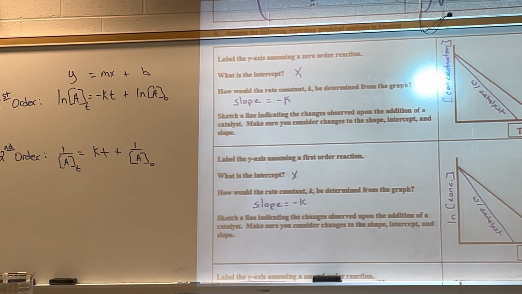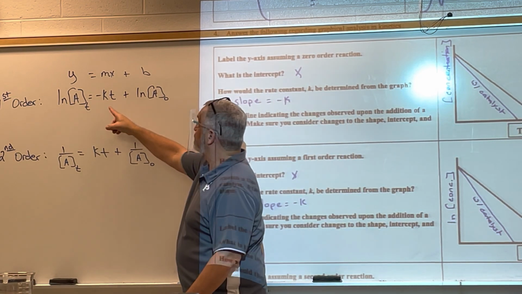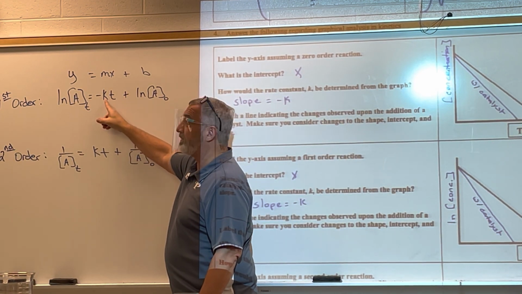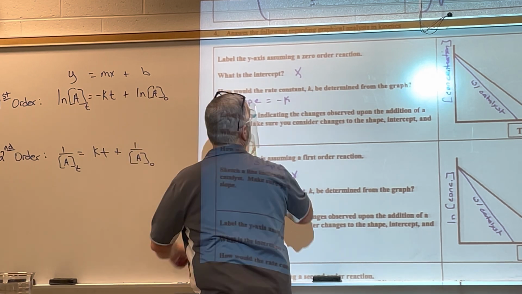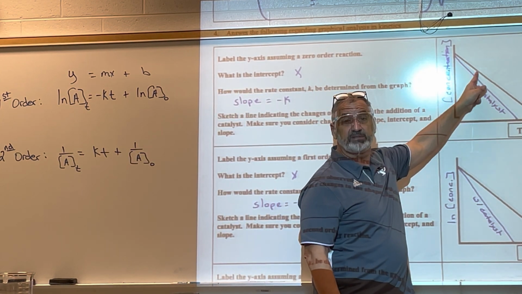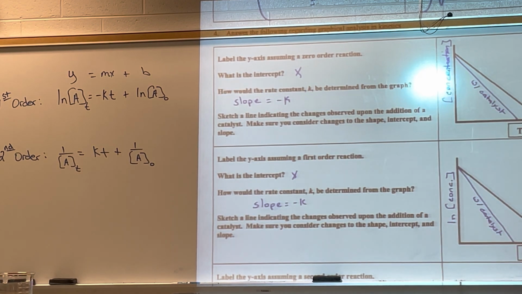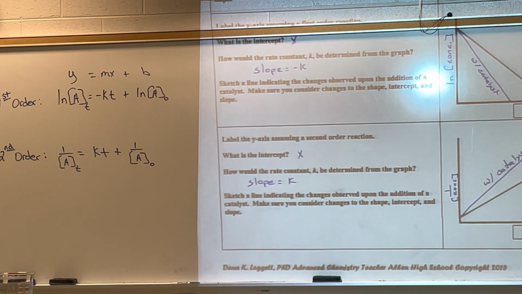And just remember, the k is your slope. But this one is negative, so you've got a negative slope. k is always positive, so k will be the negative slope, but on the other one, the slope is positive.